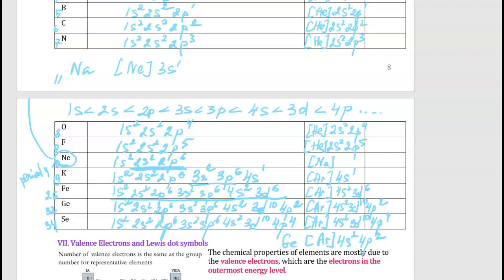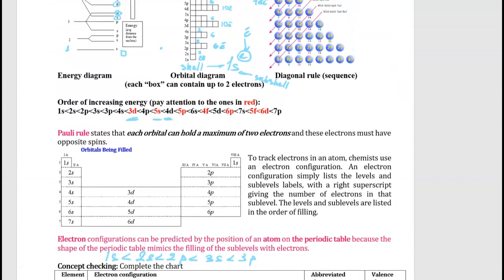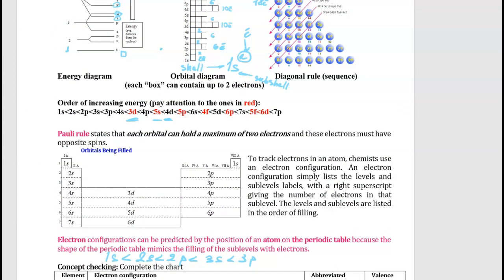Another thing that I want you to appreciate, based on what we just learned, is the pattern in the periodic table of elements. And you can see it here. It's a picture symbolizing the periodic table, and you can see that electron configurations can be predicted by the position of an atom in the periodic table, because the shape of the periodic table mimics the filling of the subshells with electrons.